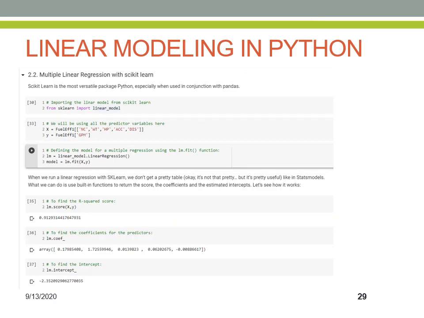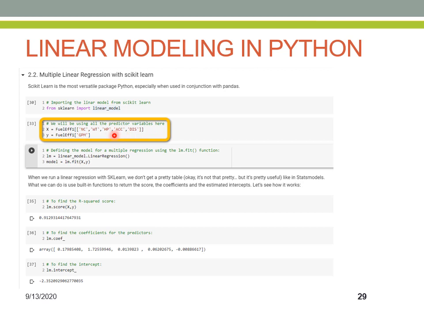Here's what a regression, now a multiple linear regression, looks like in scikit-learn. First, we're going to have to import the linear model from scikit-learn. Then we declare our variables. For x, the input variables or the independent variables, here I have selected all of the variables that I'm interested in from our dataset.